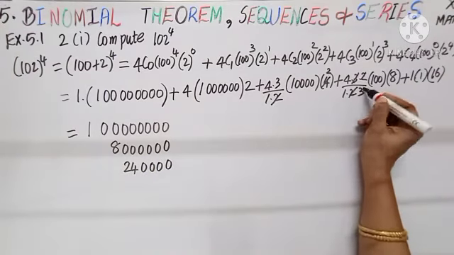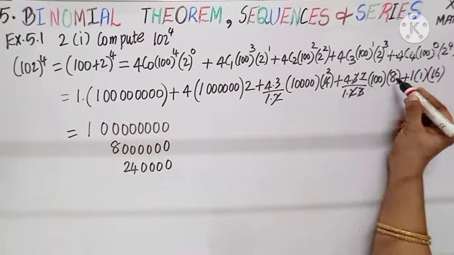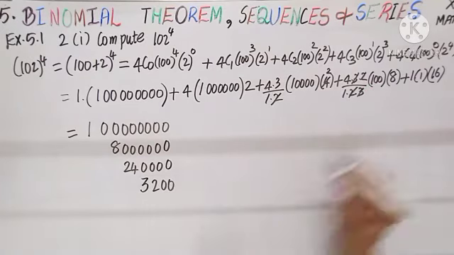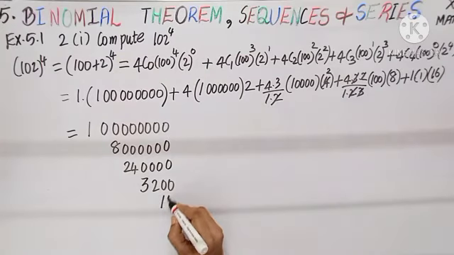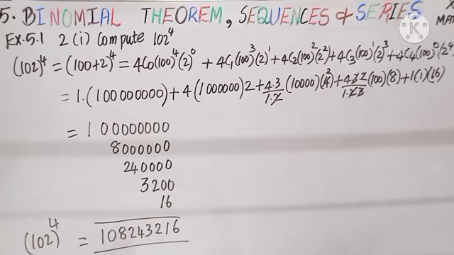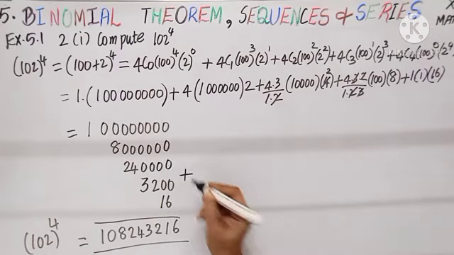Here 2 3s will get cancelled. 4 into 8, 32 into 100, 3200. 1 into 16, 16. Add it all. That is the answer for 102 power 4. We get 1082432216.